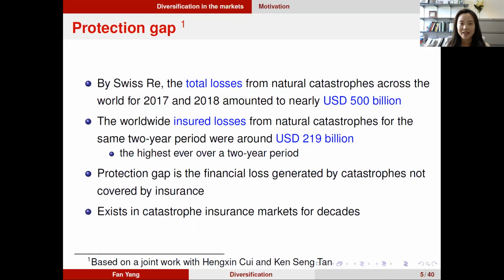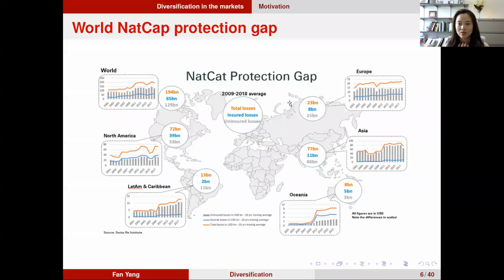Okay, so next, this graph gives you a better idea of how the protection gap looks around the whole world. In all of these sub-figures, the orange curve shows the total losses as a 10-year average.